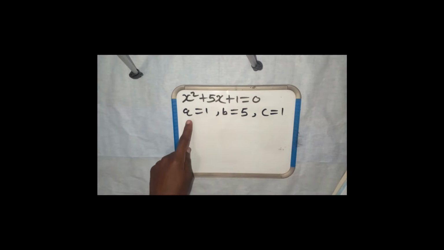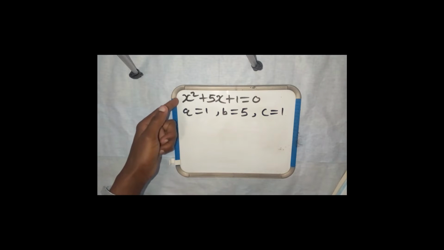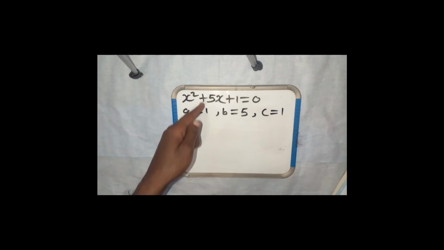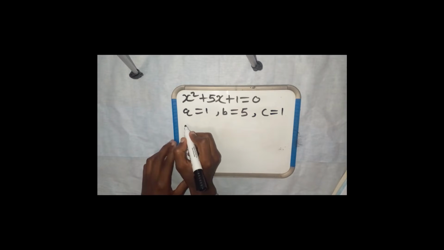You need to know that a is the numerical coefficient of x squared, then b is the numerical coefficient of x, then c is the constant value.